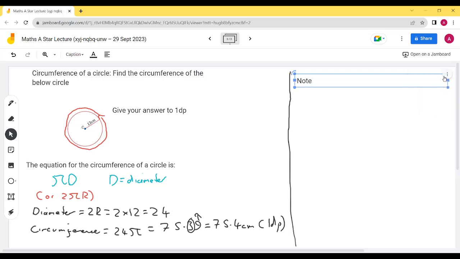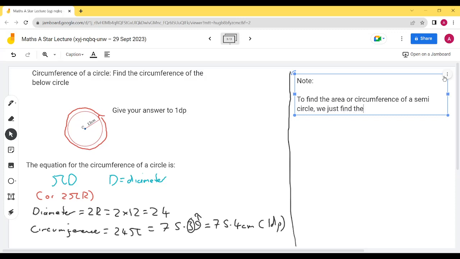We're going to calculate more specifically, but to find the area or circumference of a semicircle, so like a half circle, we just find the area or circumference as if it was a full circle and divide it by 2. And you can do the same if it's a quarter circle, you could divide by 4.